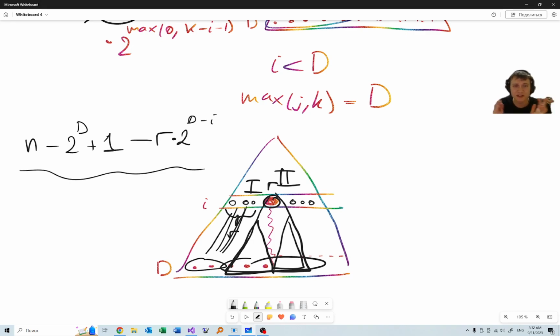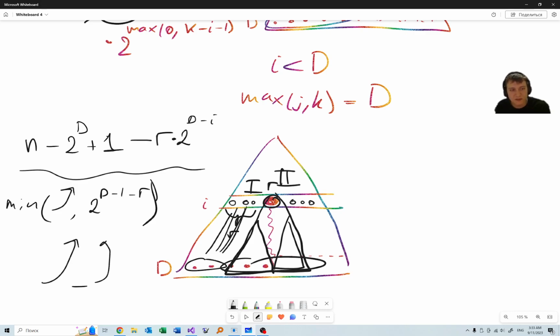And now you can just divide it into two parts. In the left part, there are the minimum of this number and 2 to the D minus 1 minus r. And in the right part, there are this number minus this minimum. So you know how many D vertices are in the left part and in the right part.